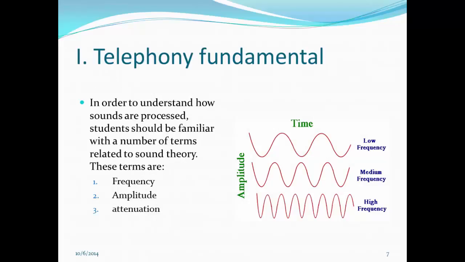Here, when you have a low frequency, the cycles per second is very slow, as opposed to a high frequency. You see that the number of cycles per second is much faster. So you have a low frequency and a higher frequency.